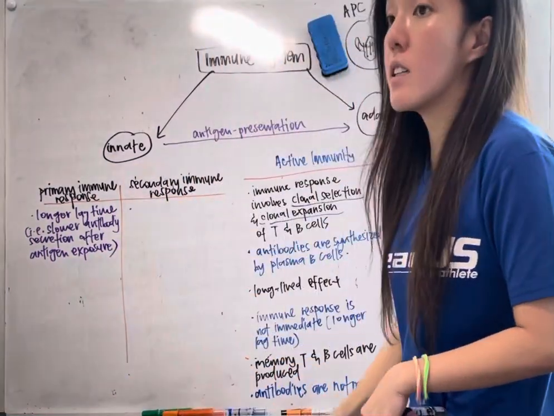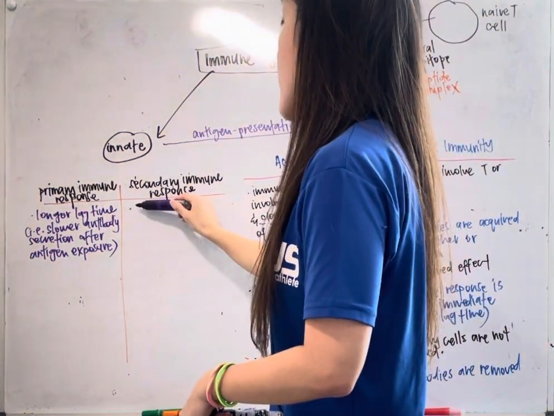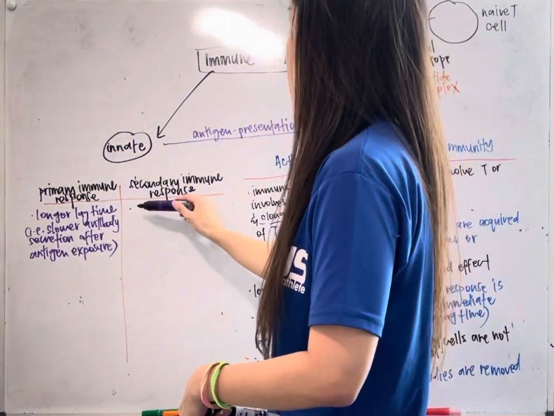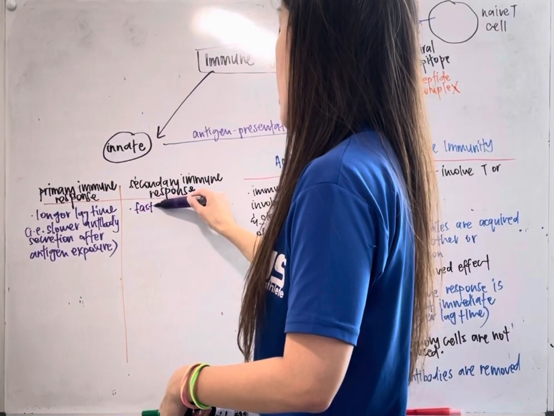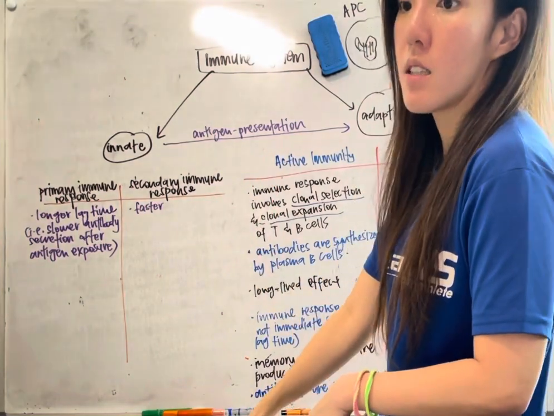Whereas secondary, things that you look out for in graphs, because sometimes they will ask, is that this one will always have faster secretion of antibodies after antigen exposure. Usually it's in a matter of days, can be within days, like 5 days, for example.